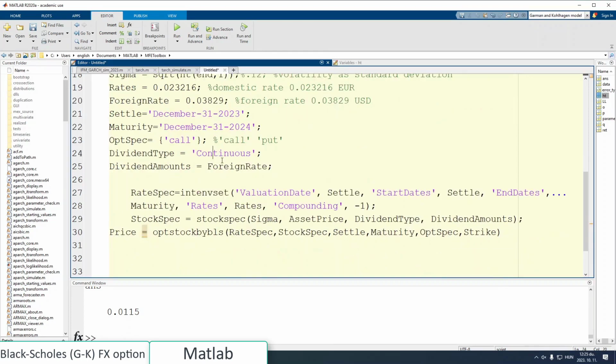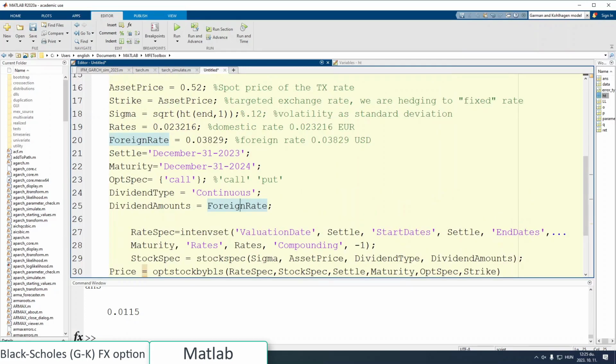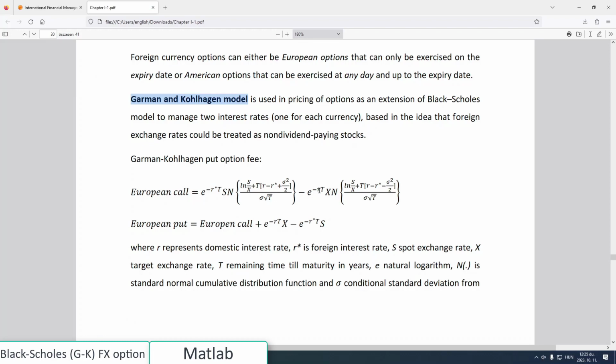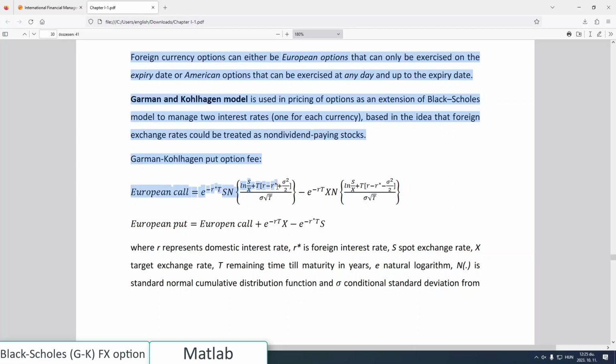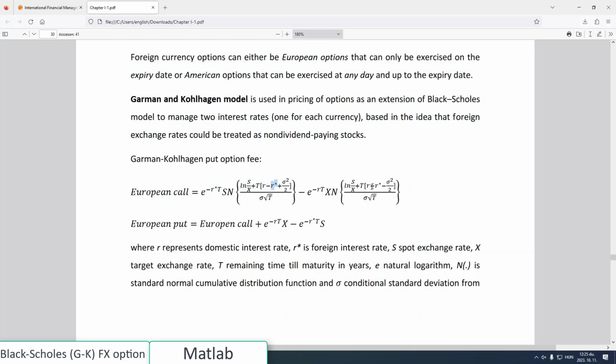So this is the stupid part, because dividend type continues, because this is an interest rate kind of dividend, and it's the foreign rate. If this would not be a foreign exchange but a share option, then practically we would find here the dividend percentage. So the two equations are utterly the same.